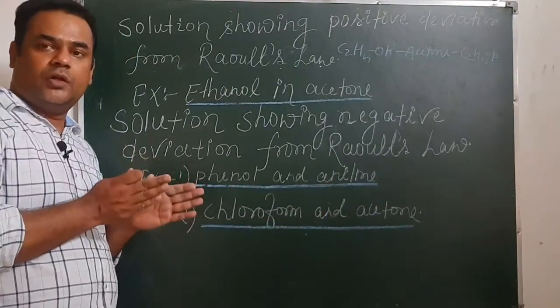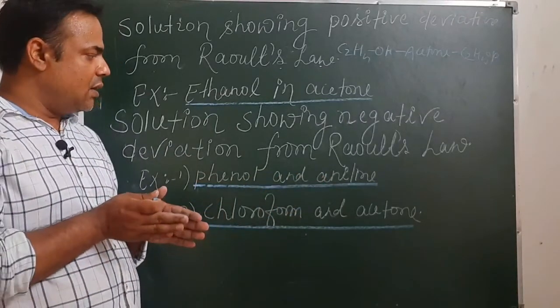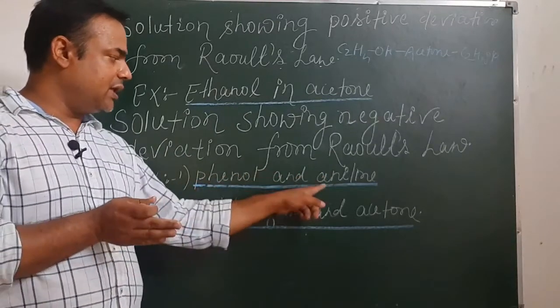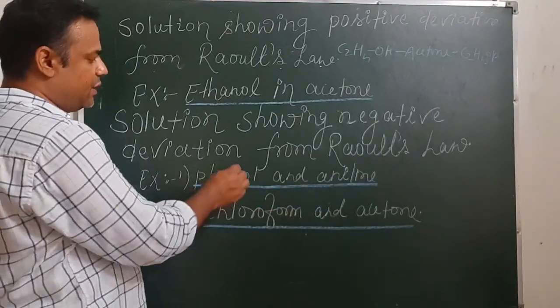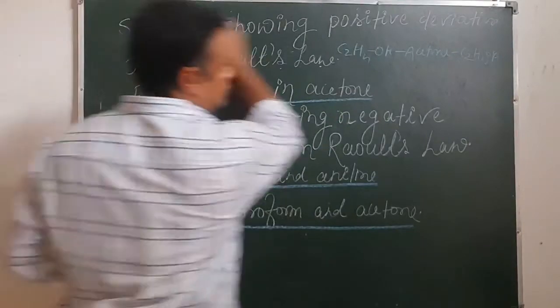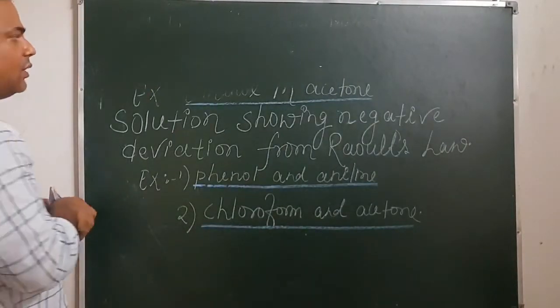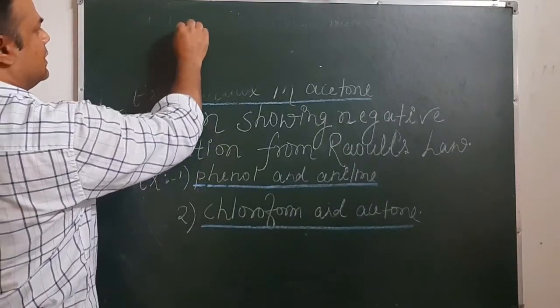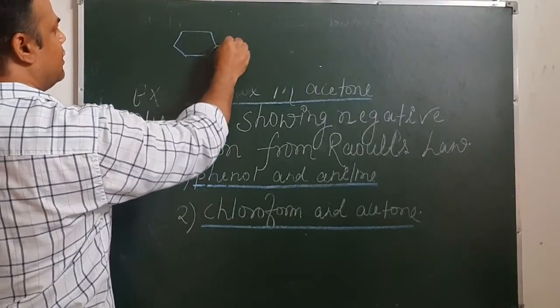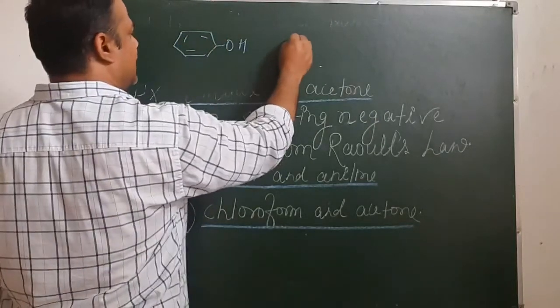We have phenol molecule, it has hydrogen bonding, aniline also has hydrogen bonding, but when we mix together, when we draw the structure, this one is our phenol, and this one is aniline.